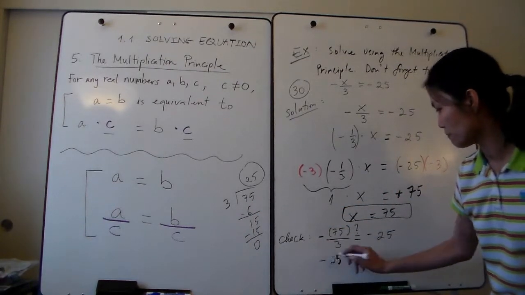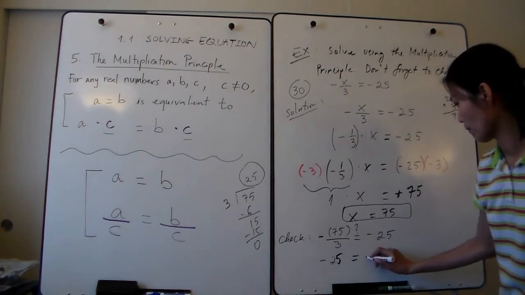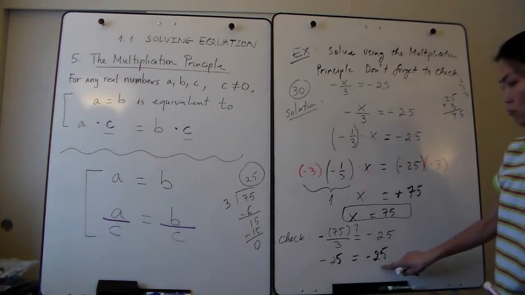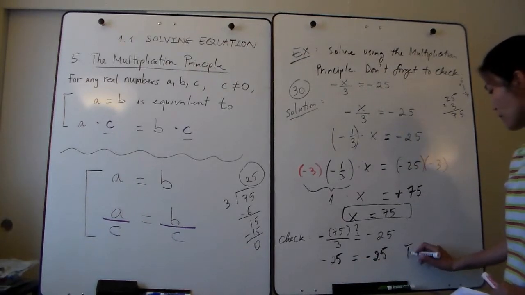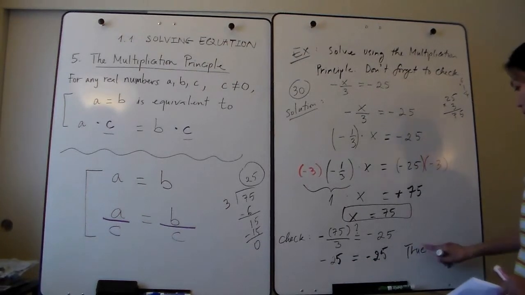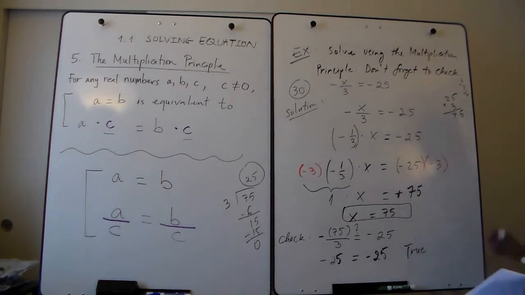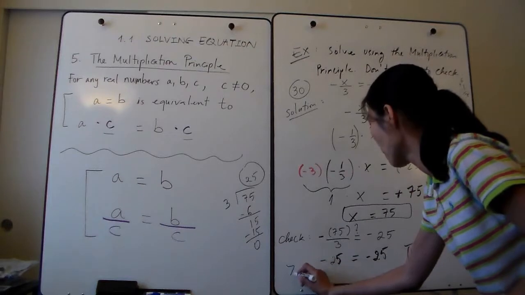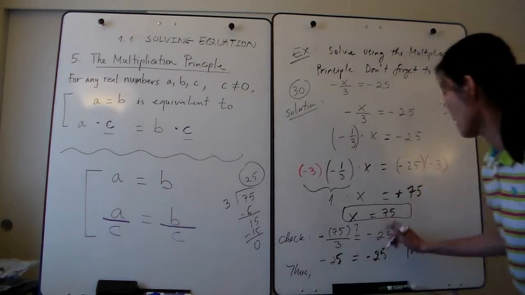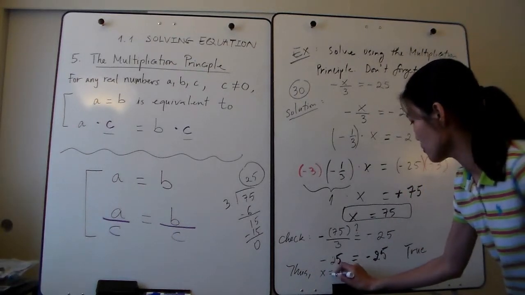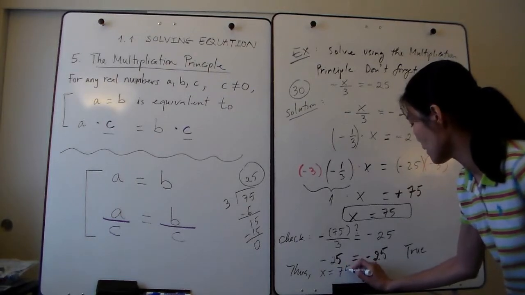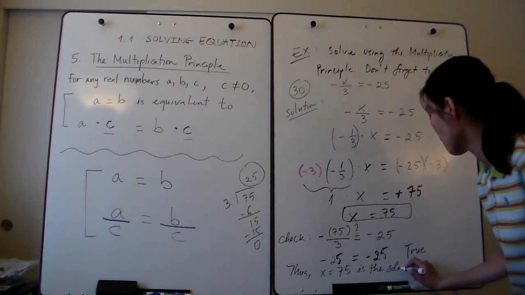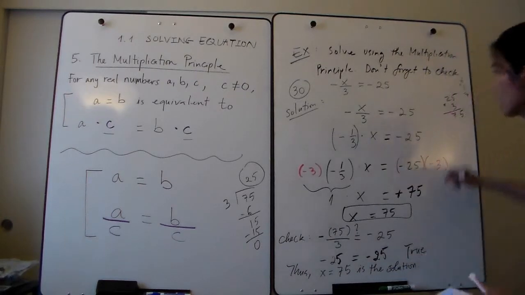Don't forget the negative. And the right-hand side is negative 25. Does negative 25 equal negative 25? Yes, true. Thus, x equal to 75 is the solution of this equation.